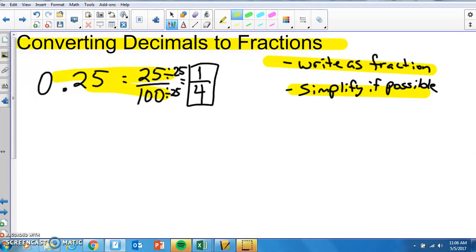All right, let's do another one. 3.55. All right, so what we're going to do is write it the way it sounds. 3 and 55 hundredths. So we get 3 and 55 hundredths.